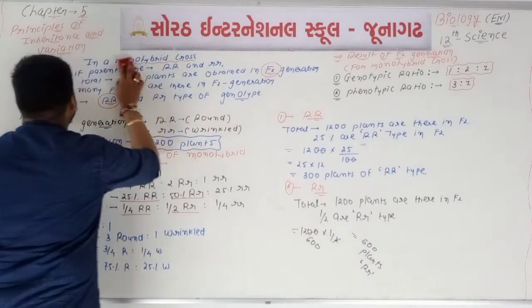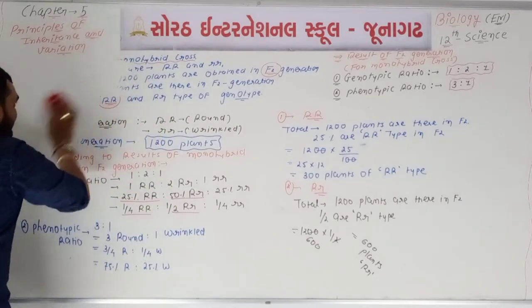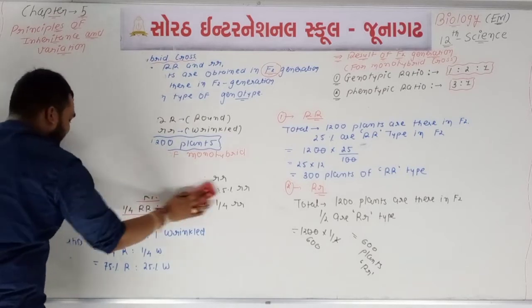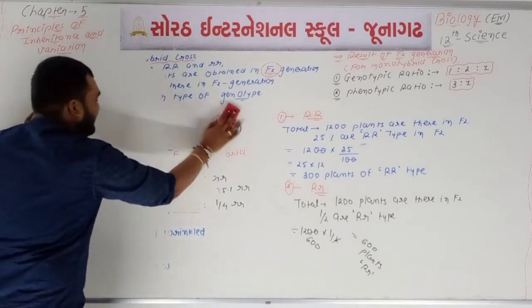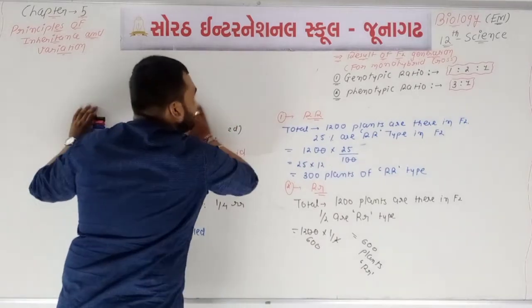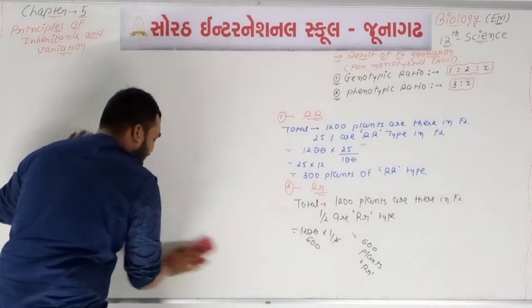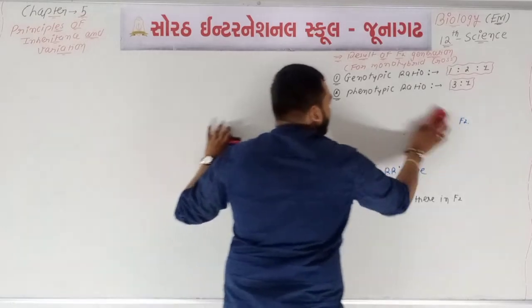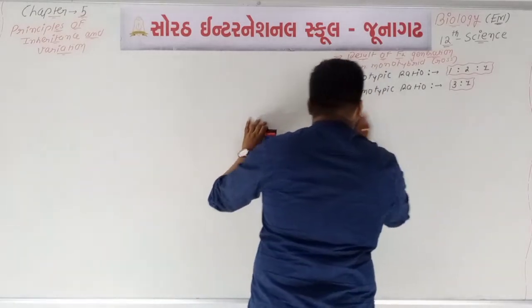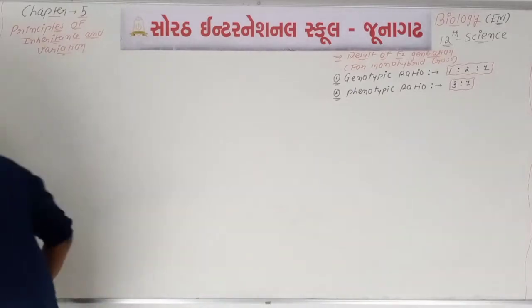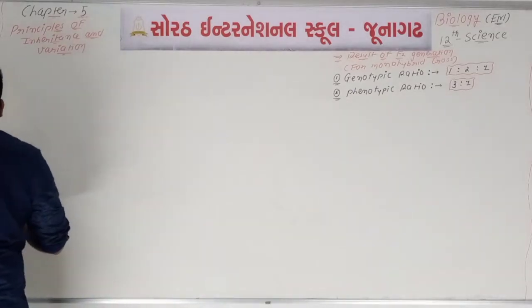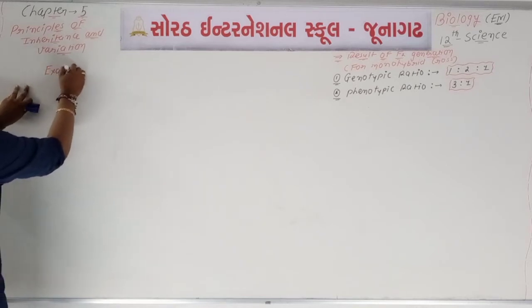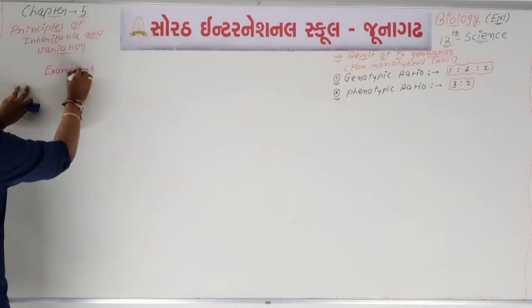The first example of this lecture is completed, and now we are going to talk about the second type of example. In this type of example we will include both phenotype as well as genotype. So now we are writing example number 2.